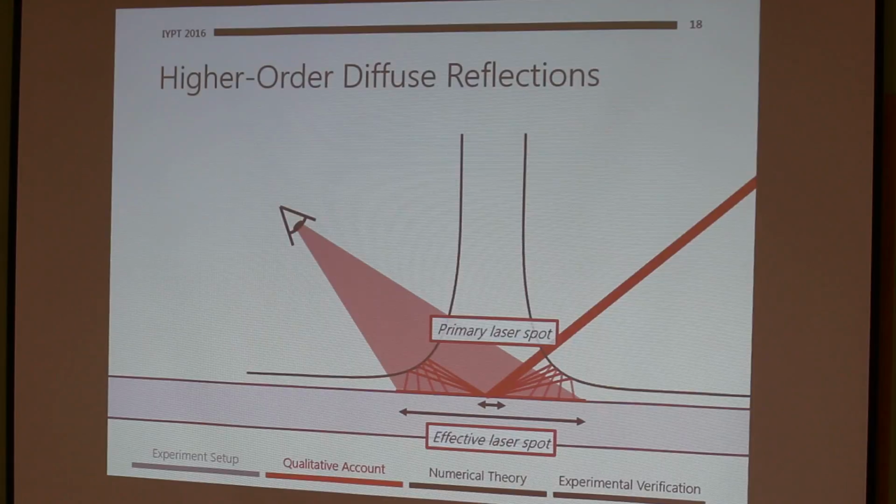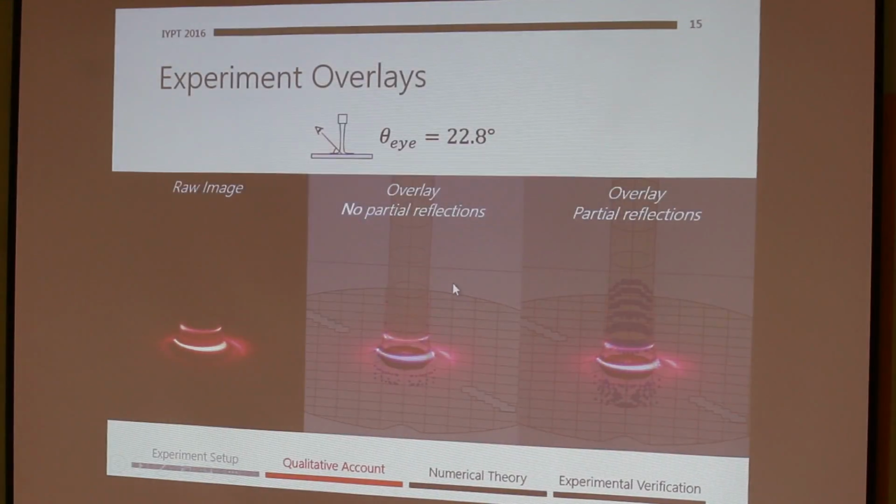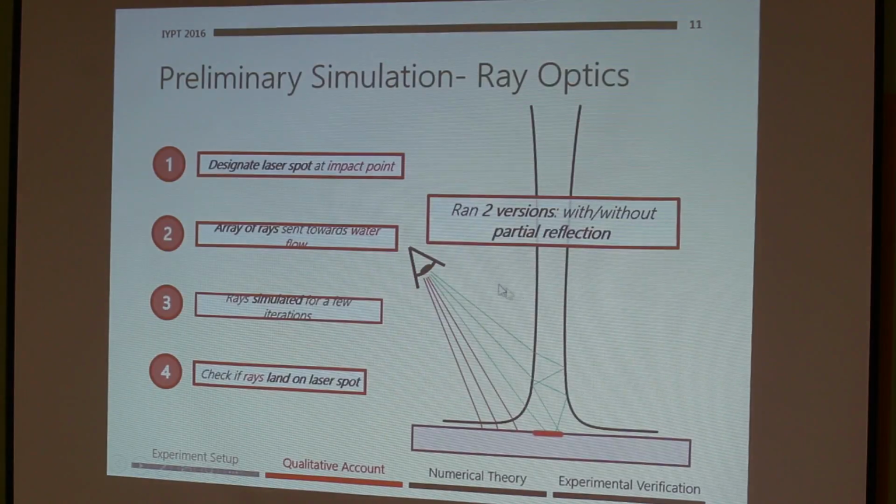Okay, basically, one problem we faced in this problem is actually the explanation for the secondary rings itself. So basically, for the simulation part, the first simulation we coded actually uses this method where we send the rays from the eye instead of the laser, because this is a lot less computationally intensive.